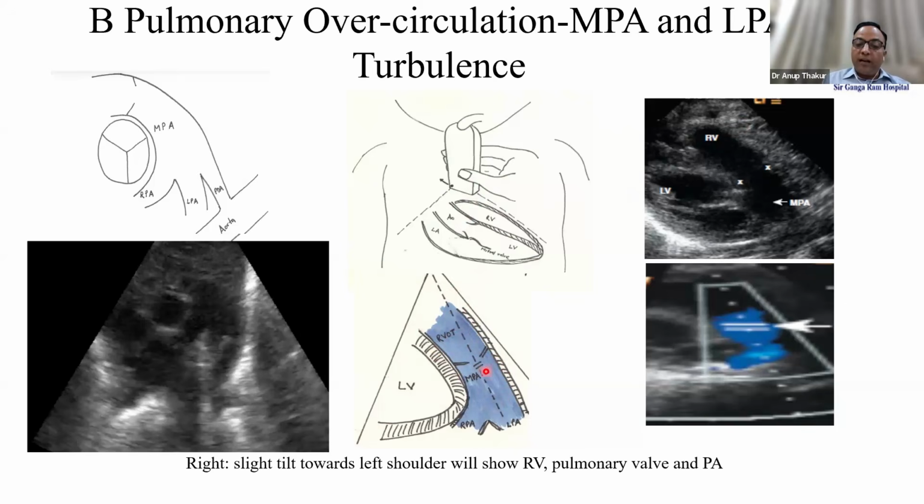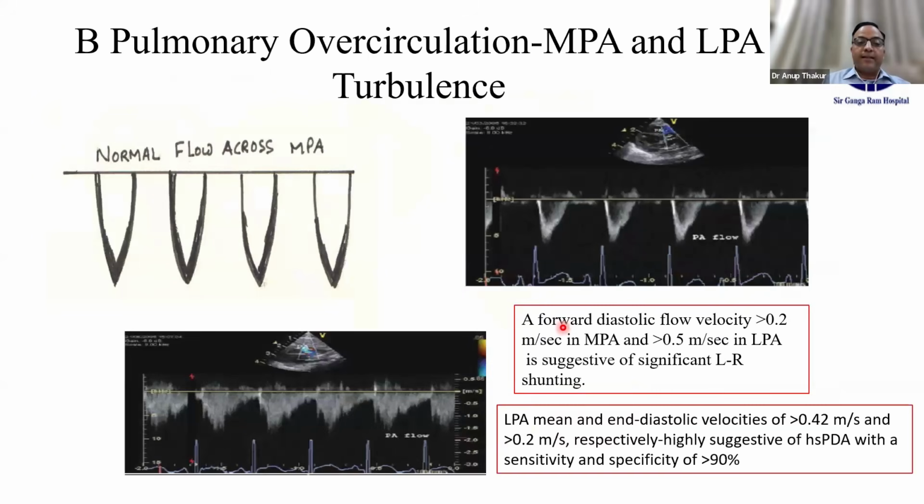I want to look at the blood flow at the main pulmonary artery, or I can look at the blood flow at the left pulmonary artery. So what I do, I put color to see the blue flow, and I can put a pulse wave Doppler at the tip of the pulmonary valve. When I put a pulse wave Doppler here, I will get a Doppler trace of the blood flowing across the pulmonary artery.